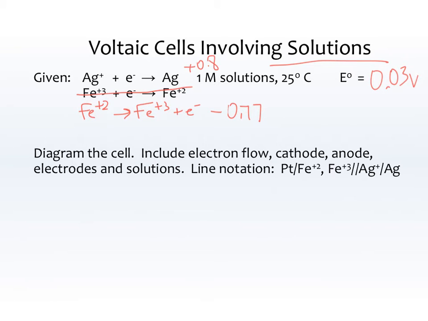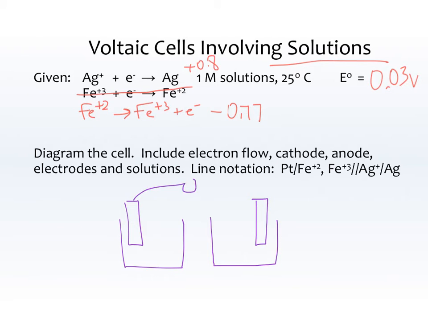All right, let's diagram this cell. That means draw a picture of your cell. We got 2 beakers, and each one of these beakers has a chunk of metal in it, and those metals are connected along a wire to a voltmeter to prove that electricity is going through. There's a salt bridge, there's some sort of aqueous solution, and the voltmeter has a V on it, and I'm going to call this SB for salt bridge.